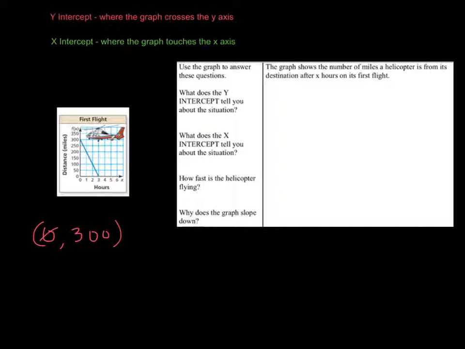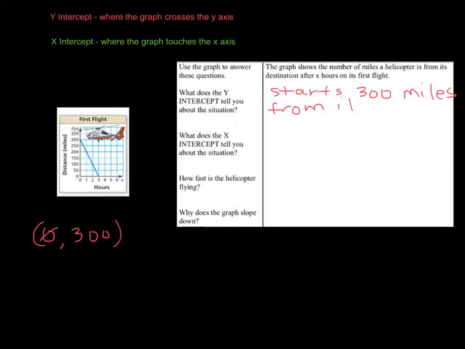It said that it shows the number of miles a helicopter is from its destination after x hours on its first flight. So this coordinate, which is my y-intercept, is telling me that I start 300 miles from my destination. So I know that the helicopter starts 300 miles from its destination by looking at my y-intercept.